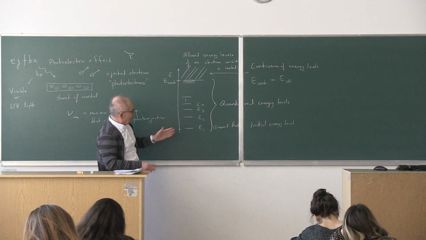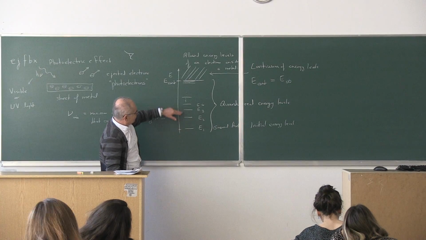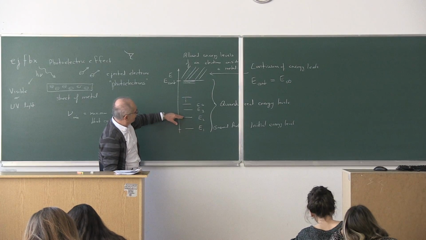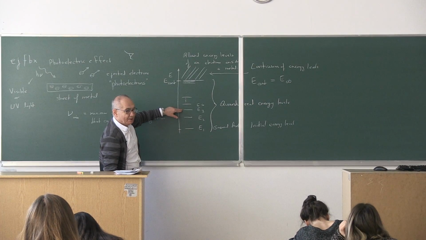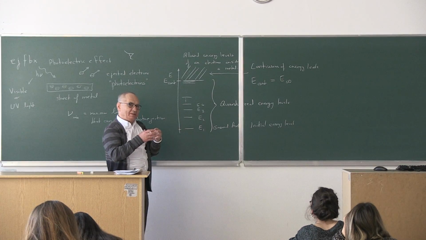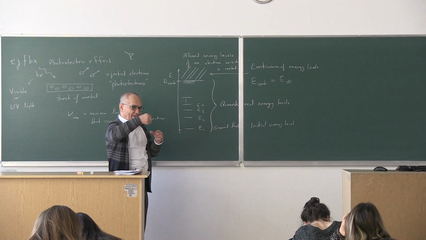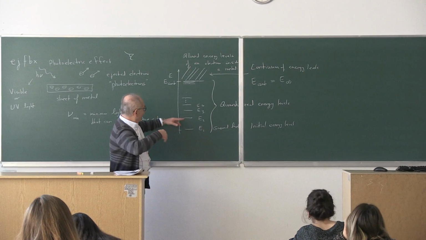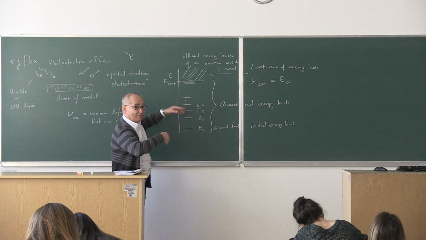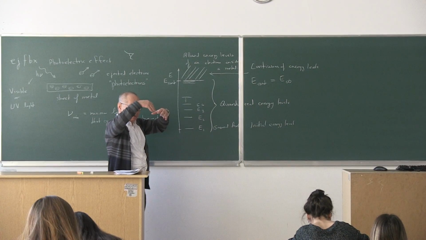Now, when the electron is in any one of these quantized levels, we interpret it as the electron is trapped inside the metal. In other words, when the electron is in one of these even excited energy levels, it is not ejected. It stays inside the metal.